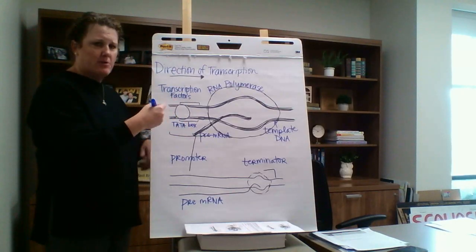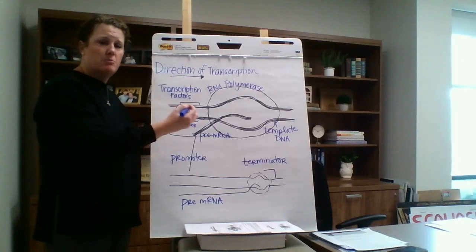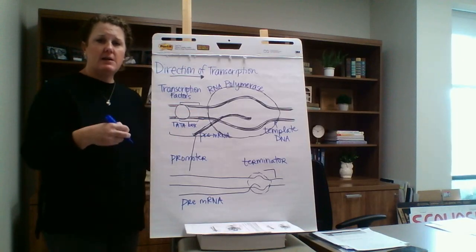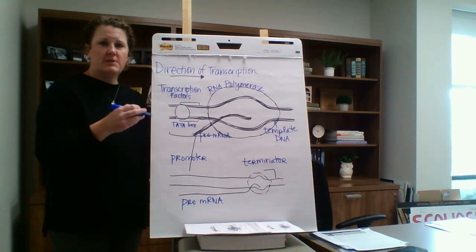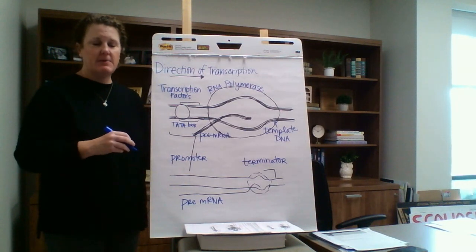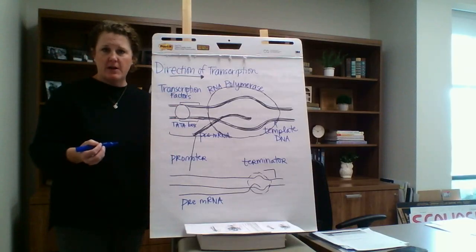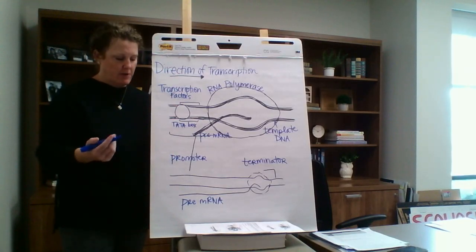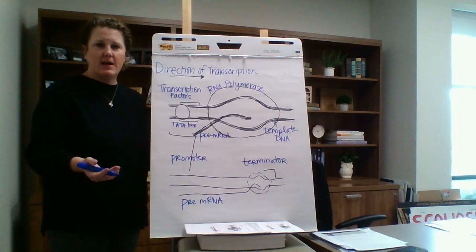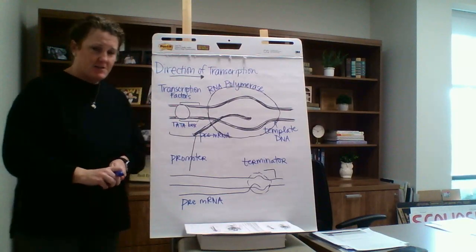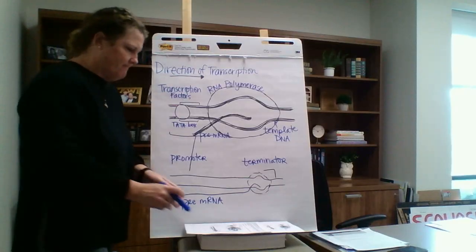Once that RNA polymerase binds and opens up the DNA, it will move along the DNA sequence, and it will build the mRNA sequence with those complements A to U, T to A, C to G, G to C, and then it will stop when it reaches a terminator. And by the end of this process, we have created our pre-mRNA molecule, which will then go on and be edited, okay? So that should take care of our first diagram.